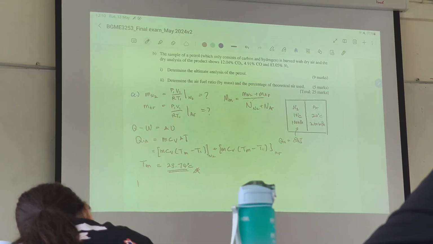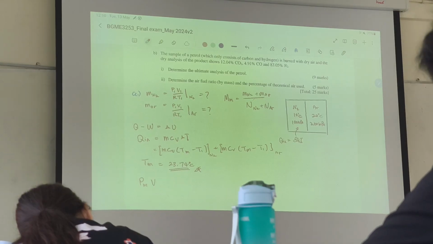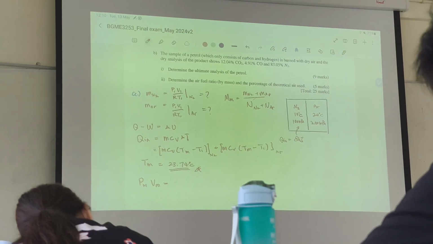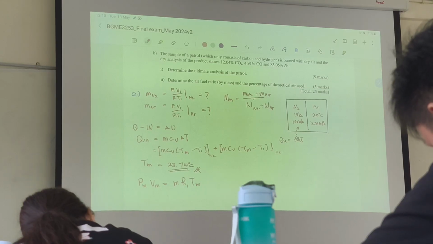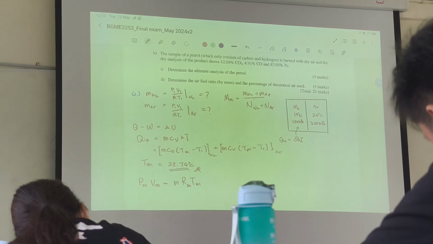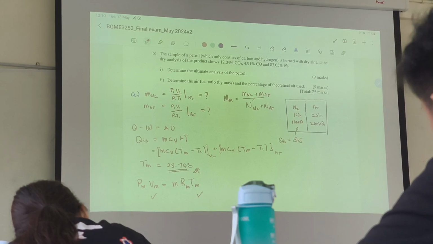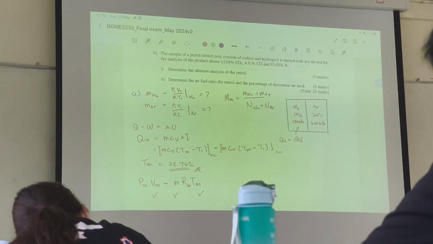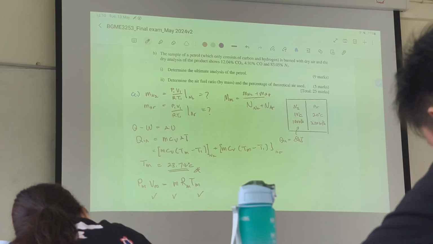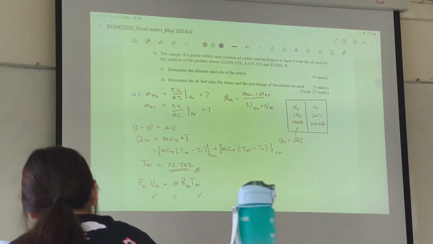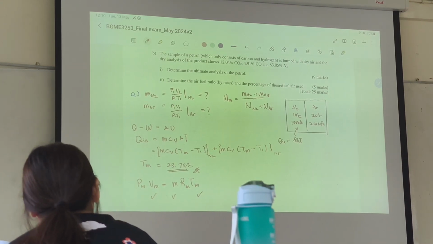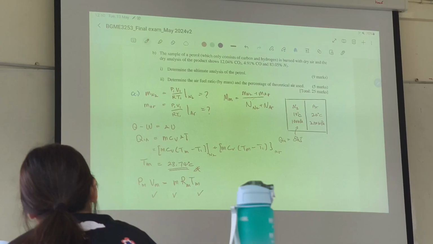Yeah, so we can go back to the ideal gas equation. Now the issue here is this. We have this, we have this, we have this, so you need to find Rn, right? And to find Rn, you need Nm.